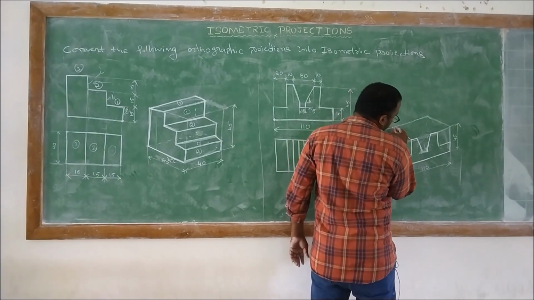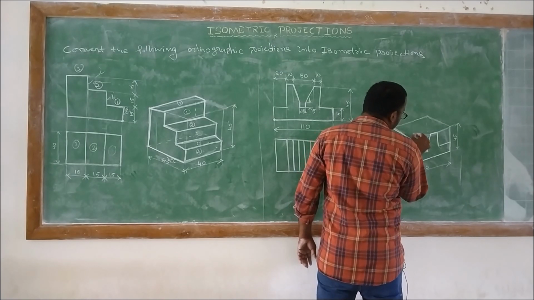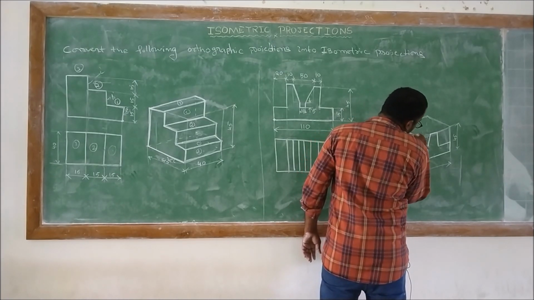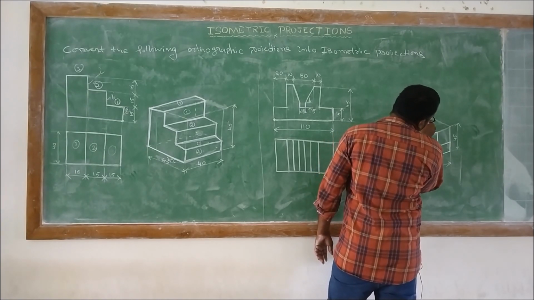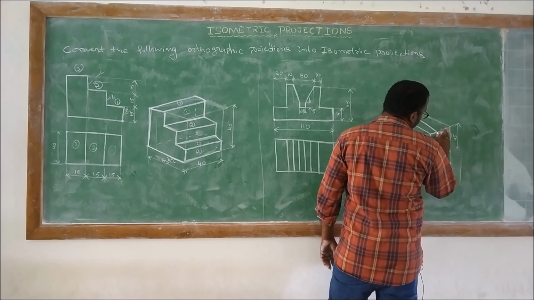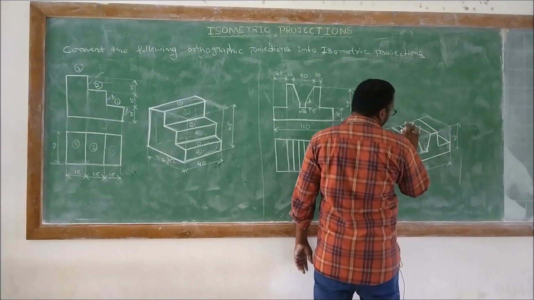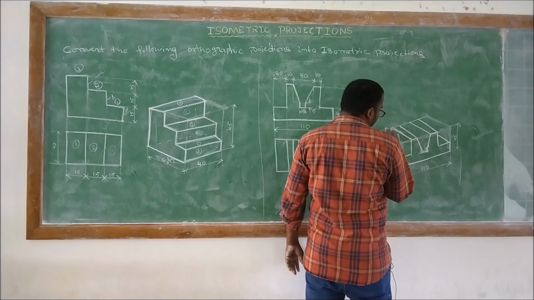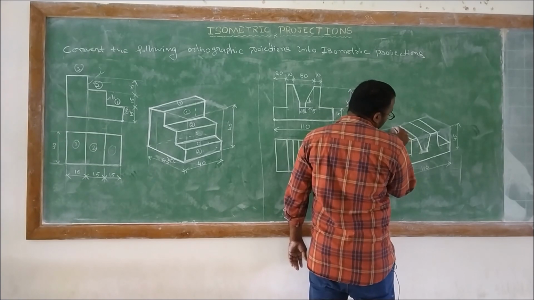Then here it is the second line, third line, fourth, fifth, and then sixth line. The remaining lines should just be construction lines.